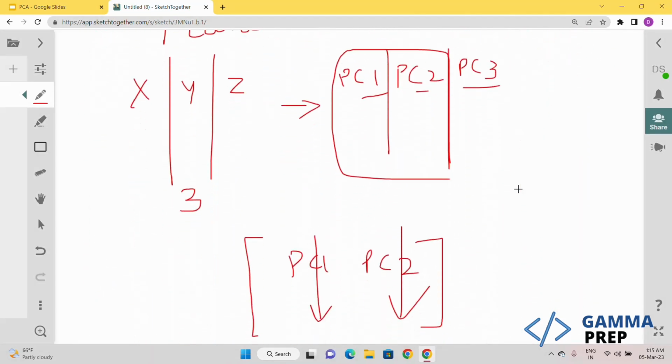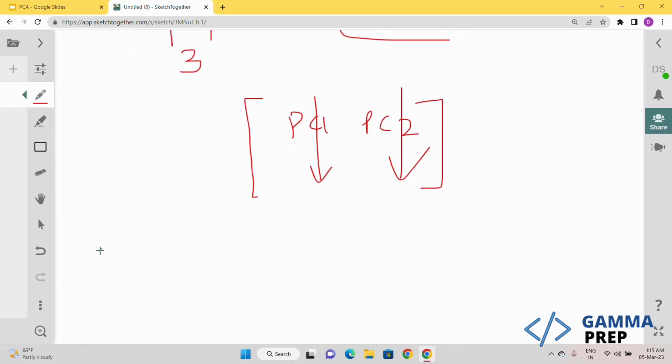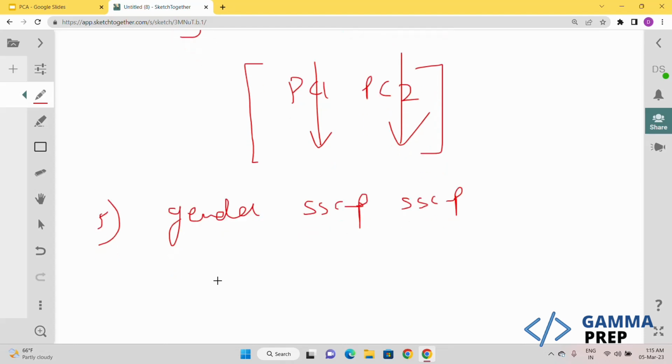What would be the last step? The last step would be to recast the data along these principal components. Obviously, your data looks like what? You have gender, SSCP, SSCB, and so on, and here you have some values. Now you know that I want to take these two principal components.